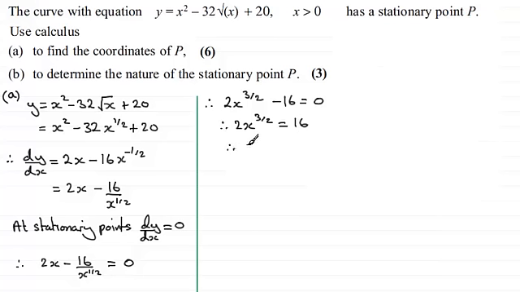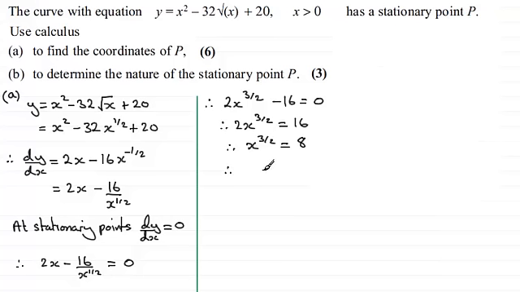Divide both sides by 2 and that gives us x to the power 3 over 2 equals 16 divided by 2, which is 8. And at this point, to work out what x is, remember this x to the power 3 over 2 means the square root of x all cubed gives us 8. So in order to get x, we've got to do the opposite. Instead of square rooting, we've got to square both sides.